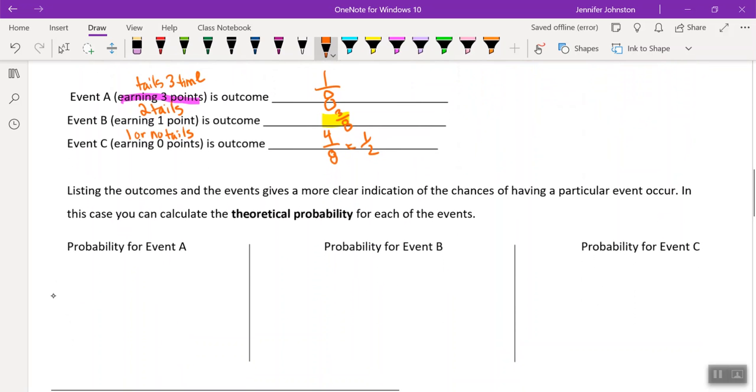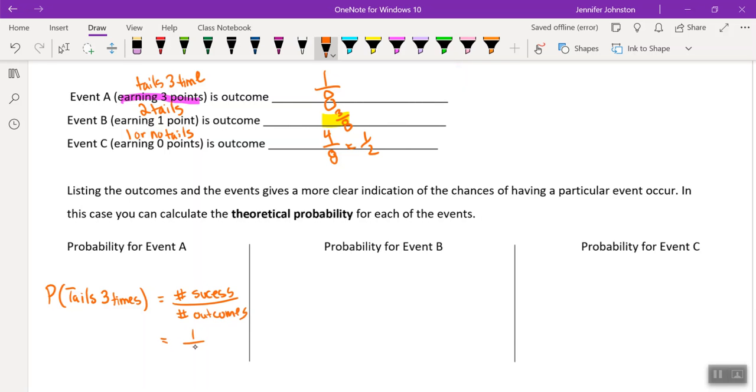Okay, so probability of event A. Event A was we were going to get tails 3 times. The probability is your number of successes over your number of outcomes, which is 1 out of 8.